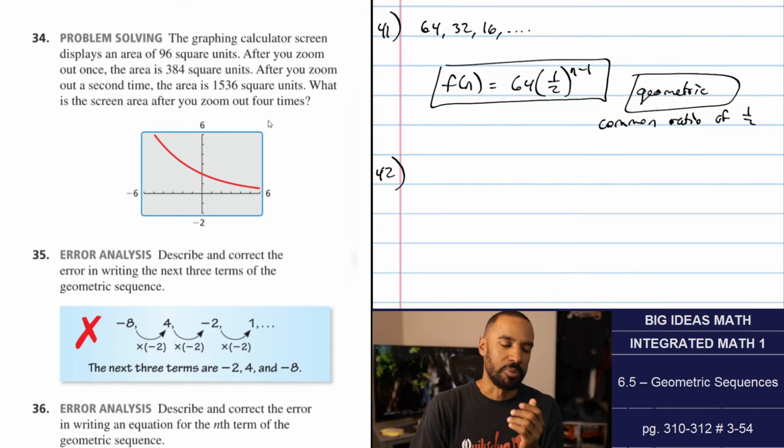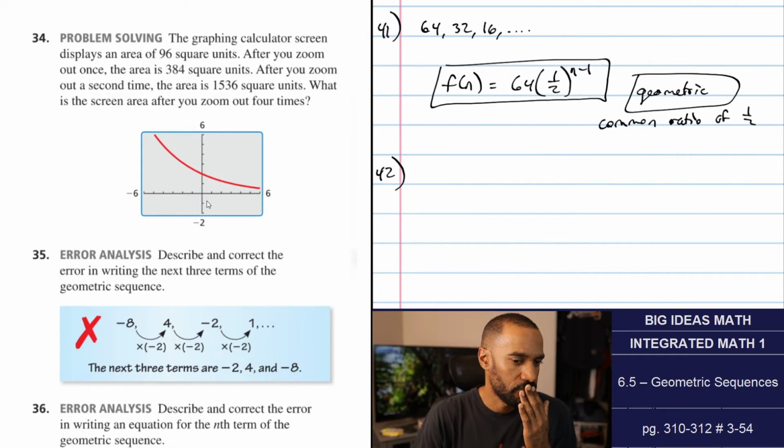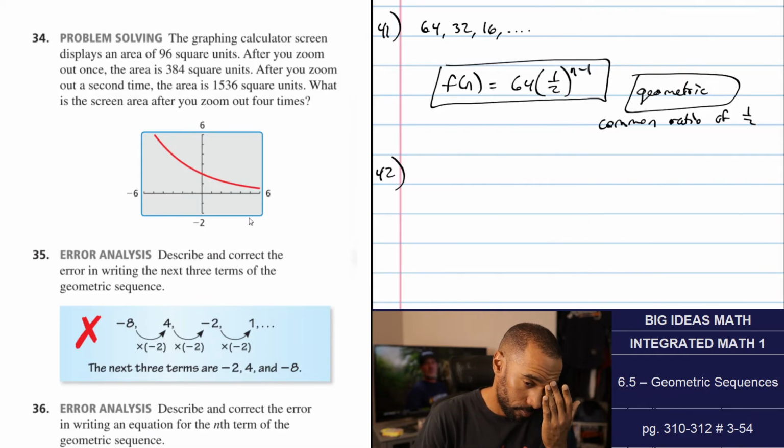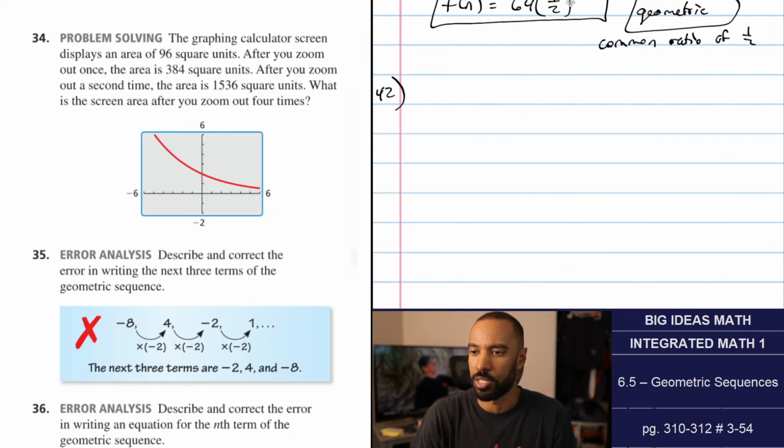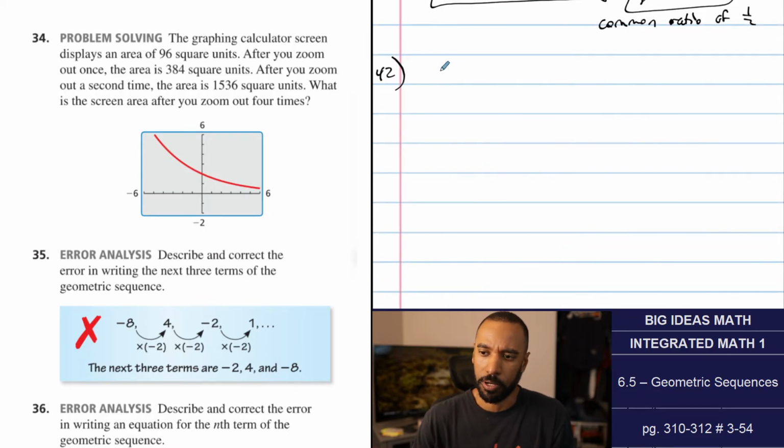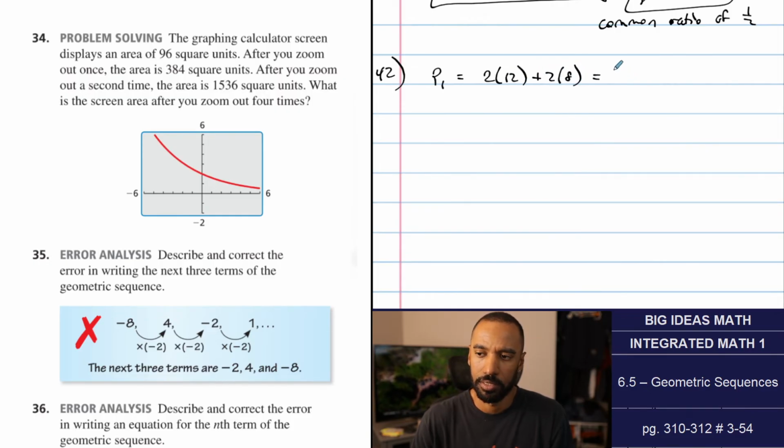So the first one's perimeter, 12, 8, 12, 8. Let me just write some things out here. Perimeter of the first one. Now, I forget if I counted it as the first one, but we have 2 times 12 plus 2 times 8, which is 24 plus 16, which is 40. So 40 for the first.